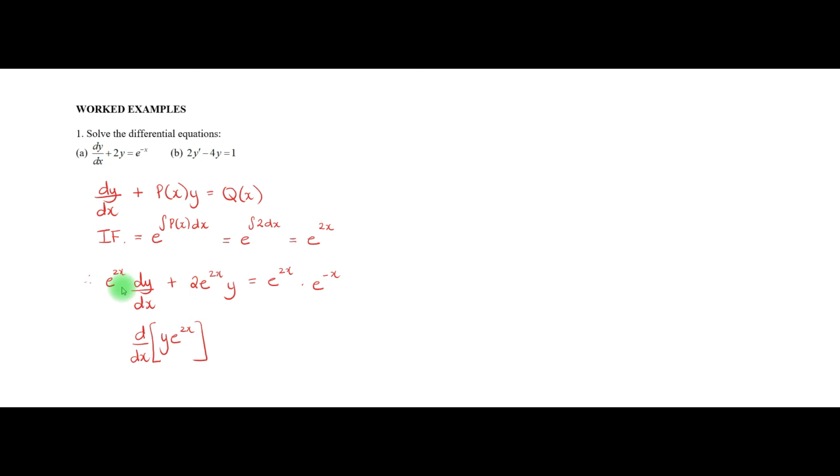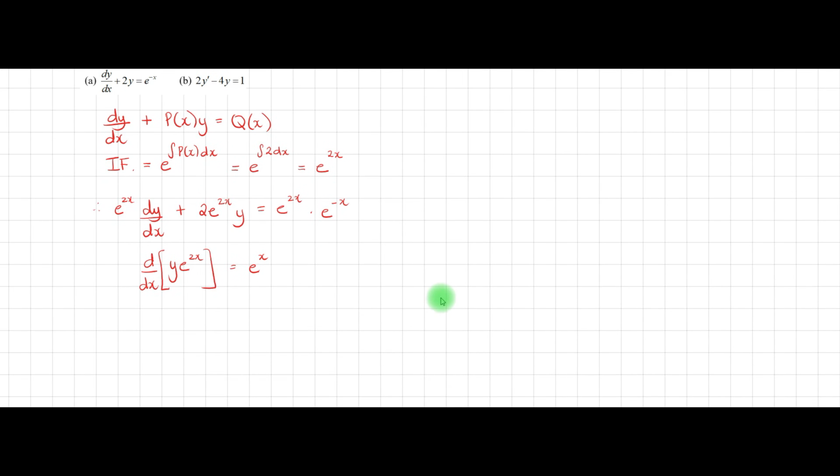So that's exactly what we have here. So on the left, we're going to rewrite this as d/dx of y times e to the 2x. On the right, I'm just going to simplify using indices rules, and we get e to the x.